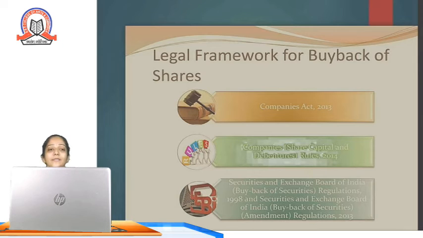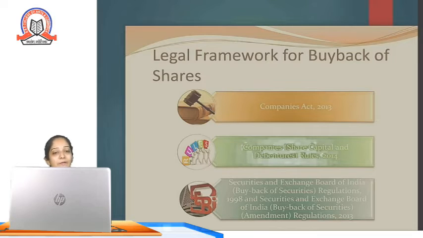Now, let us see the legal framework for the buyback of shares. It is compulsory for a company to follow the provisions of the Companies Act 2013 which are mentioned for the purpose of buyback, and only after following all the provisions will the company be able to take the decision for buyback.